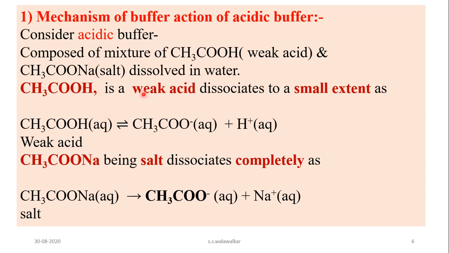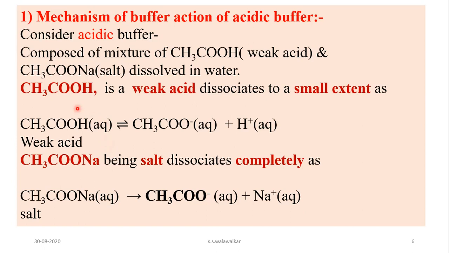So acetic acid is a weak acid, therefore it dissociates to a little extent like this. Acetic acid gives you acetate ion plus hydrogen ion, and here a very few number of acetate ions and hydrogen ions are formed in the solution, and most of the acetic acid molecules remain undissociated.